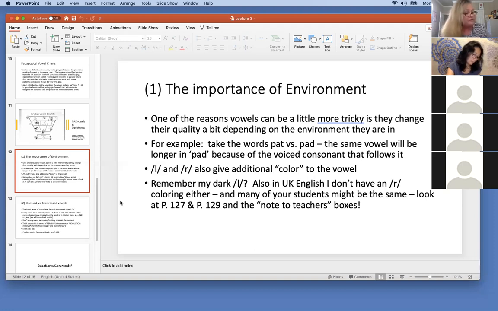And then there's also a nice note to teachers on page 129 for your L's, the L coloring, where they do exactly the same thing. And they say if you've got somebody who's got, for example, coal. So for me, the word C-O-A-L is "coal."